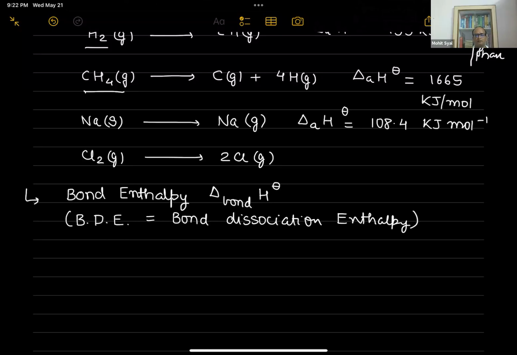So it is the energy required to break a bond. Normally, if you give energy, bond breaking is endothermic.